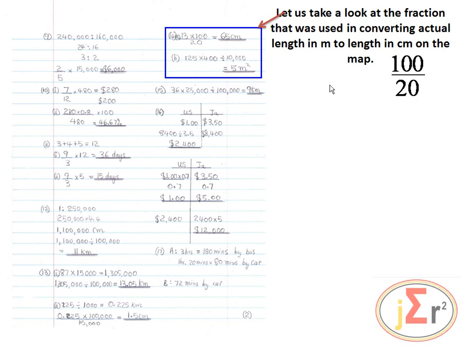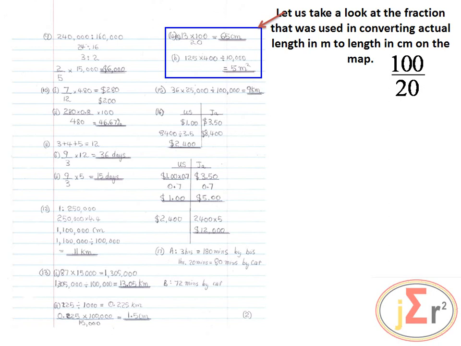Now, what we need to do is convert from the map to actuality. And we have discussed that before, that if we are taking an opposite step, then we will do the opposite operation.